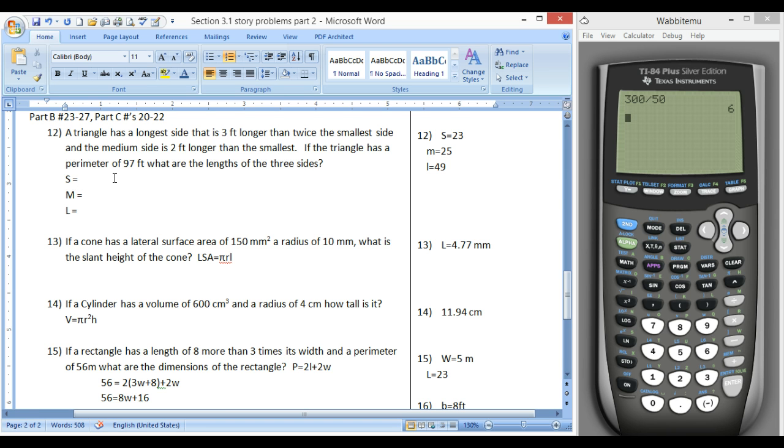I'm going to put S equals, for the smallest, let's pick X for the variable. So now I can go ahead and translate the longest side and the medium side in terms of the smallest side. The longest side of my triangle is means equals. So I'm going to translate this for my longest side.